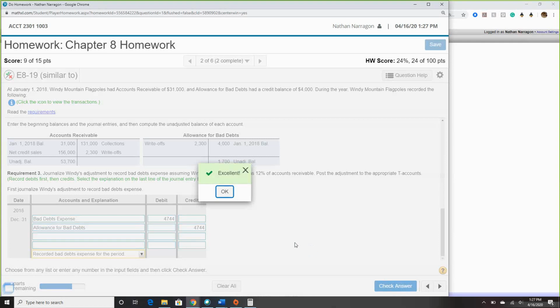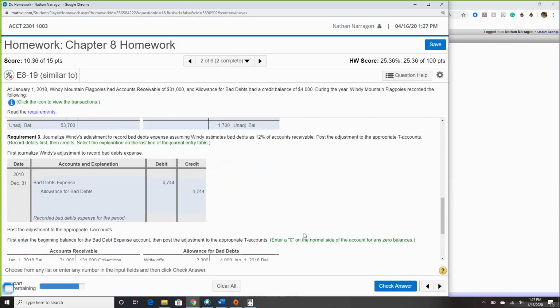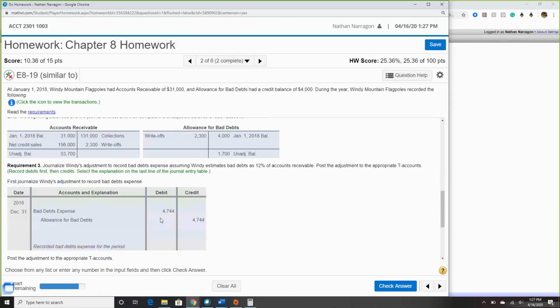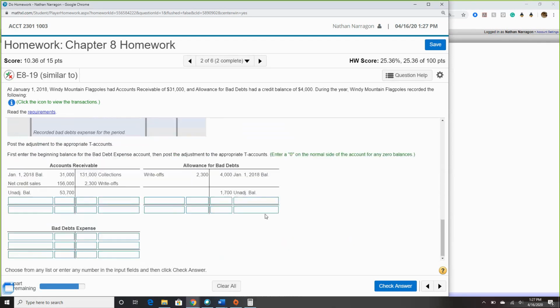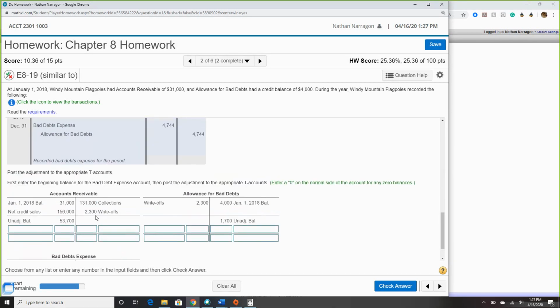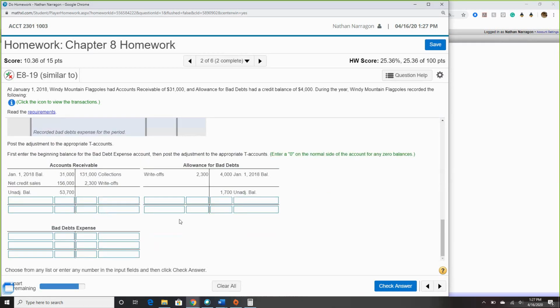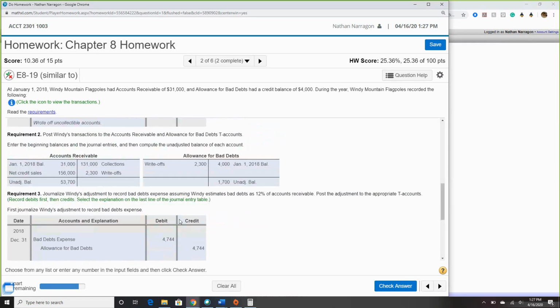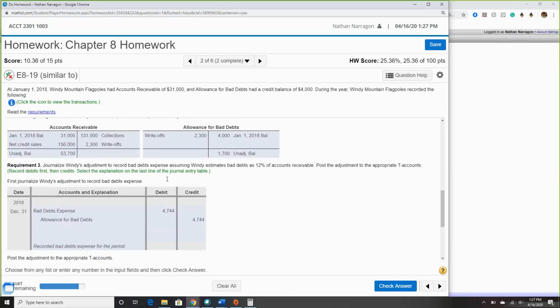And there we go. Okay, so that is the tricky part of this question number 2, is requirement number 3 to do the 12% of accounts receivable. And then it's just basically, again, same as problem 1. So any questions of how I did requirement 3 on question 2?